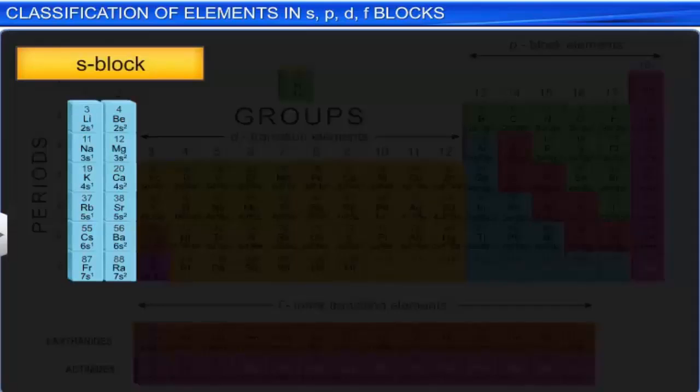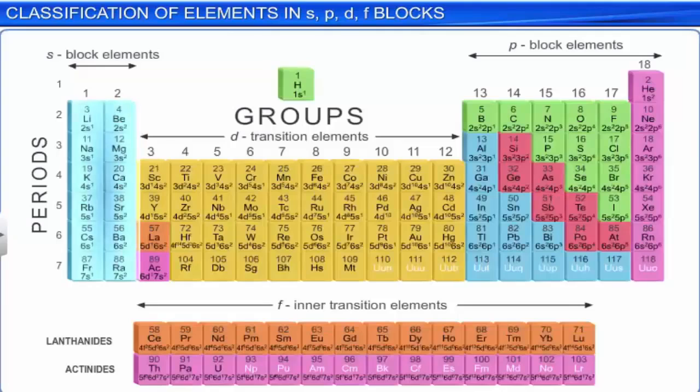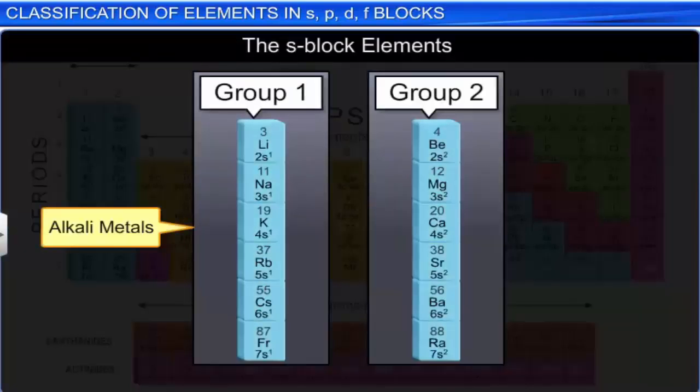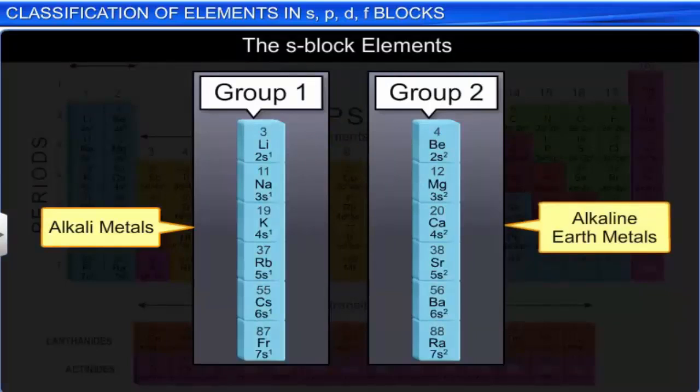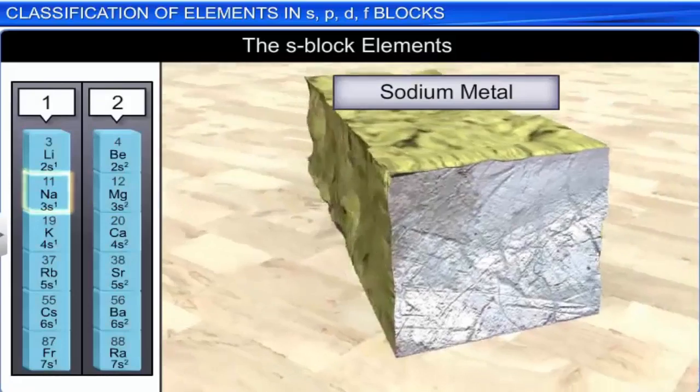The S block of the periodic table consists of elements that have the last electron entering the ns orbital. The alkali metals in group 1 and the alkaline earth metals in group 2 of the long form of the periodic table belong to this category. These are soft metals with low melting and boiling points.